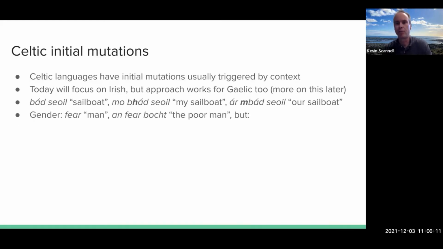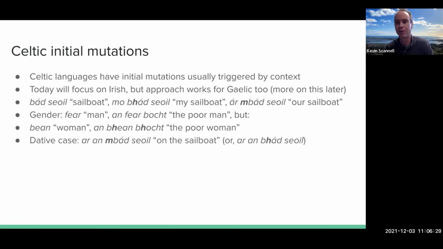So with mutations, bád seoil is a sailboat, but if I say my sailboat, then it changes to mo bhád seoil, etc. These are triggered, for example, by gender. If I have an adjective following a noun, depending on the gender of the noun, I will possibly mutate the adjective. There are lots and lots of examples of these changes.